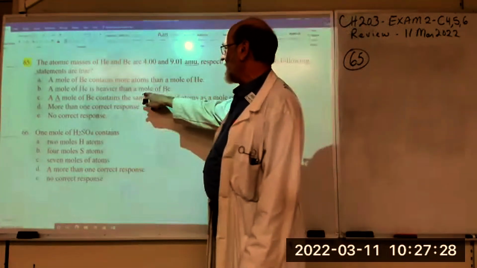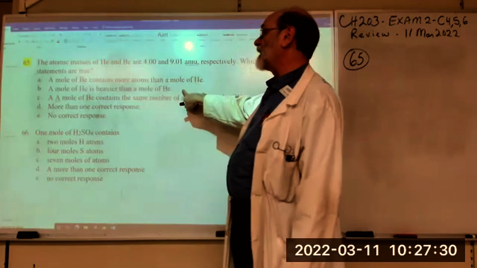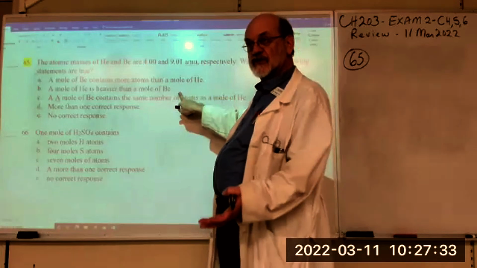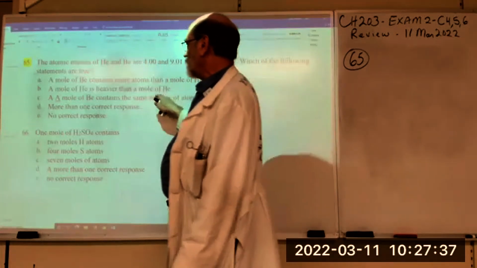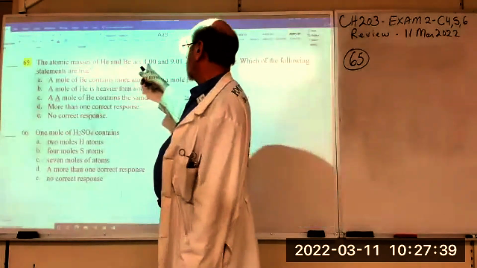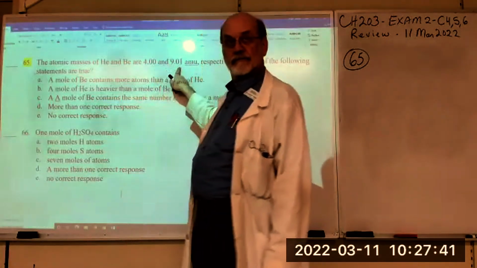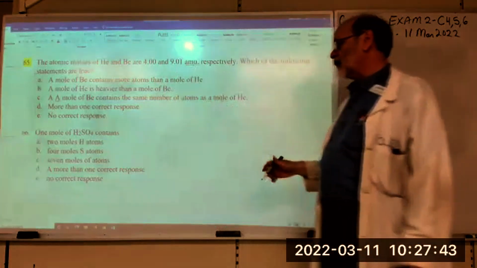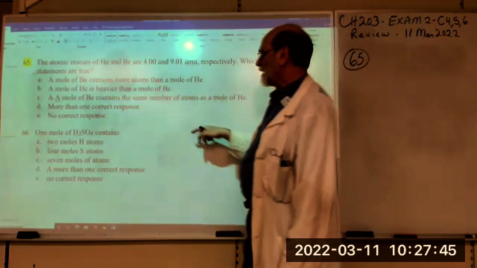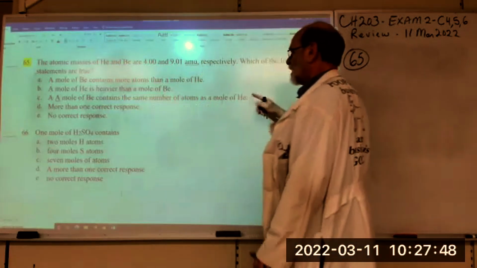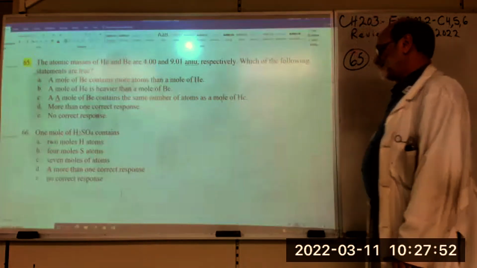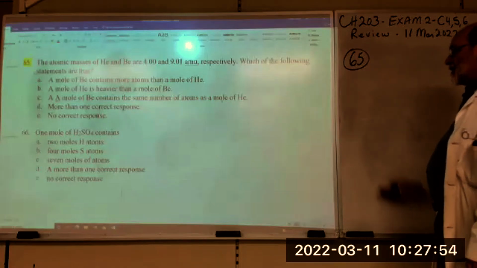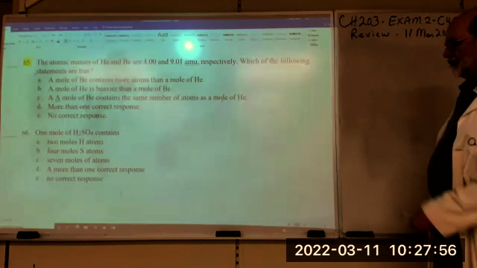A mole of helium is heavier than a mole of beryllium. Now that's a valid question, but still wrong. A mole of beryllium would weigh more than a mole of helium because each atom weighs more. So B is wrong also. A mole of beryllium contains the same number of atoms as a mole of helium. There you go. That's it. C is the answer.